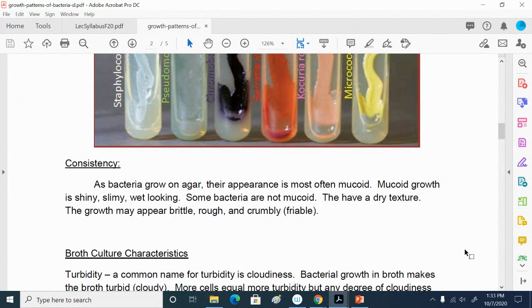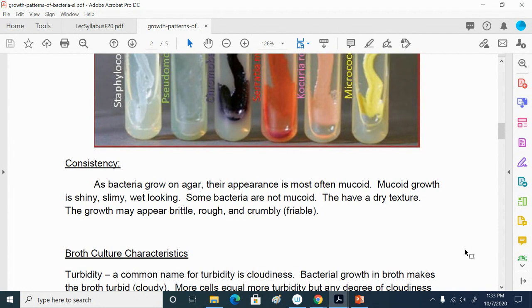And mucus is slimy, shiny, wet looking. So most bacteria are mucoid. Some are extremely mucoid, others not so much. It's the not so much that has the other category called butyric, but we're not going to use that. If you think of a creamy, buttery consistency, that would be butyric. But we're calling that mucoid, just not very mucoid.